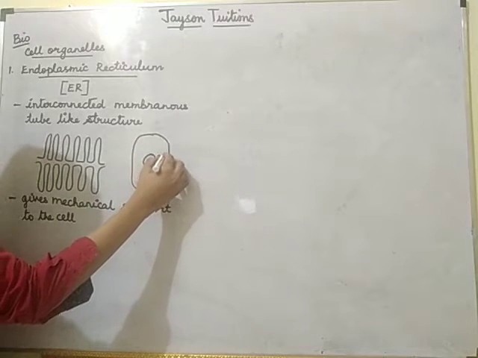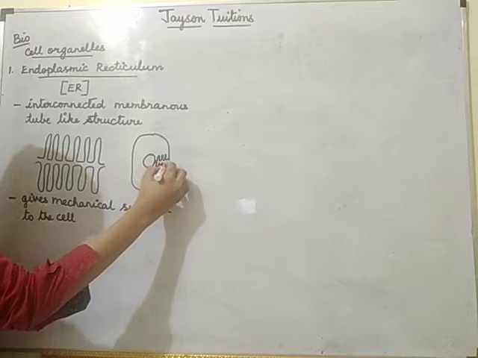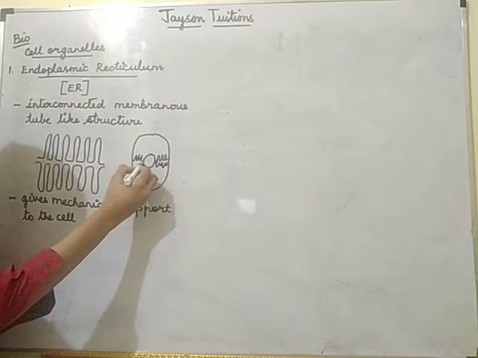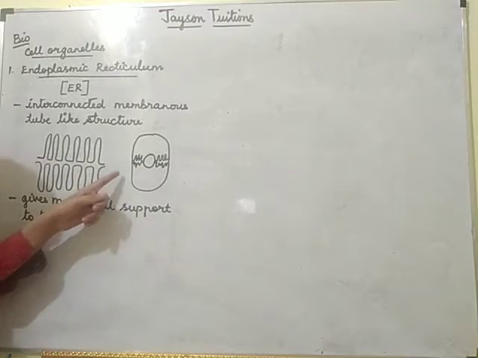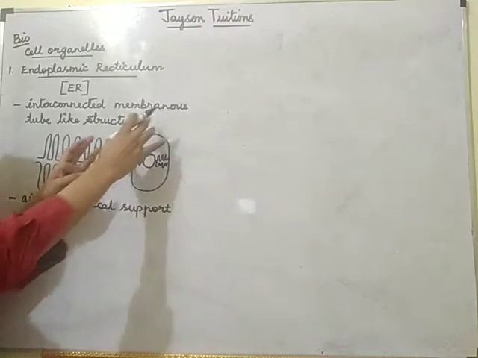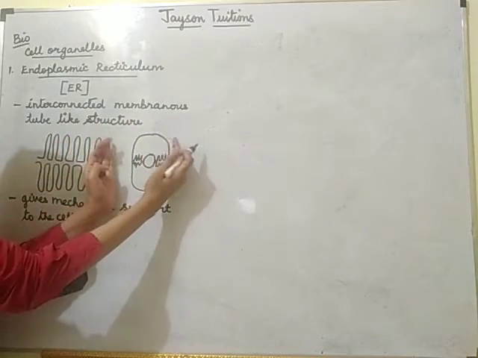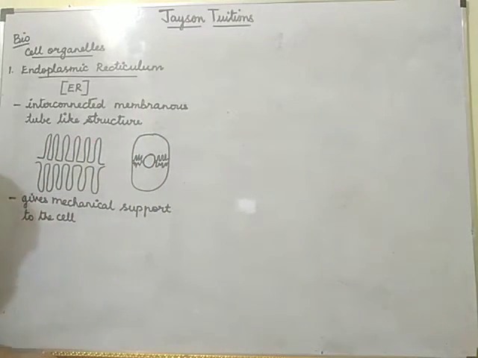From this side the endoplasmic reticulum will be connected to the wall, and from this side also. So it will give mechanical support. It will be holding the cell firmly in a shape.